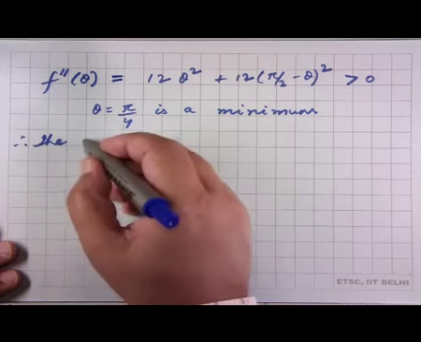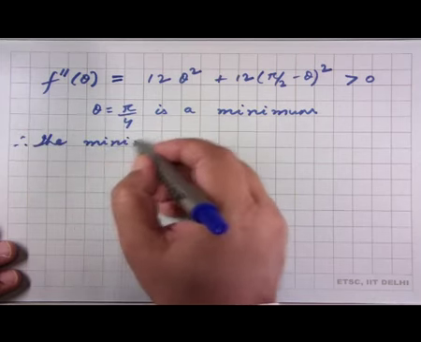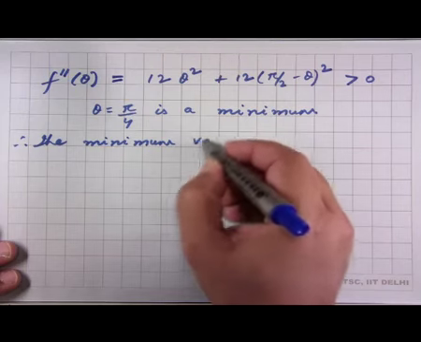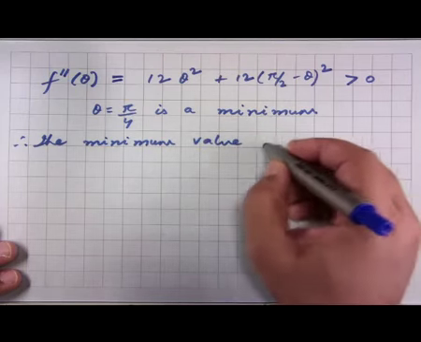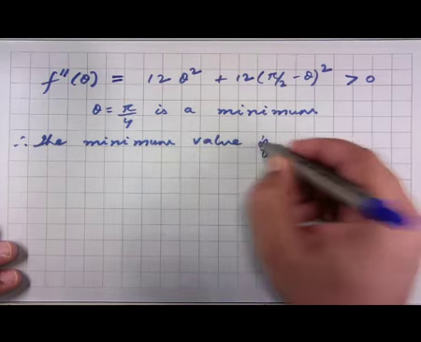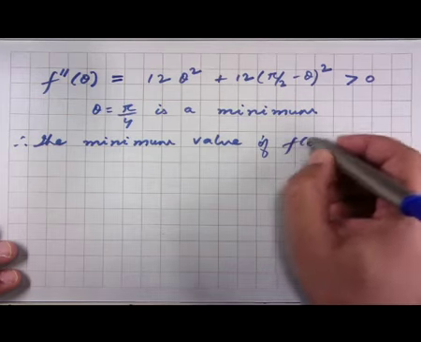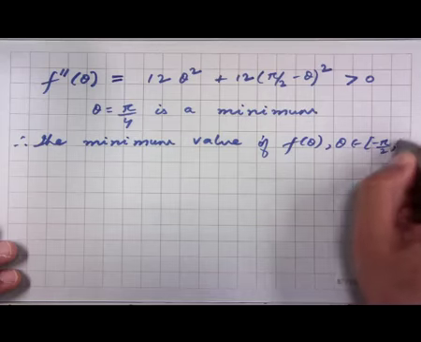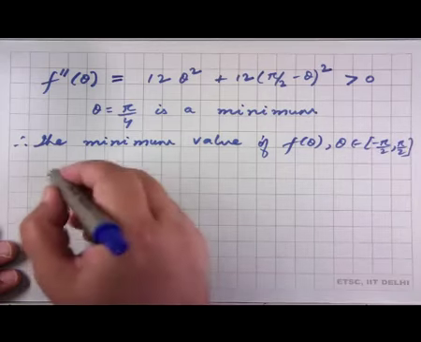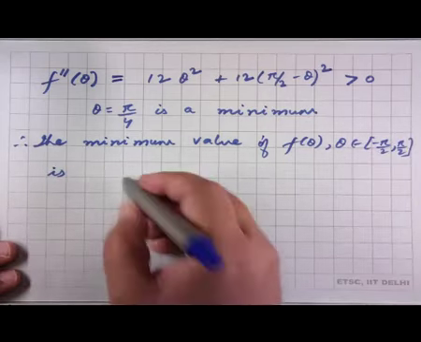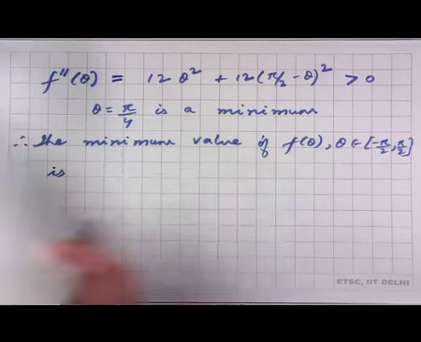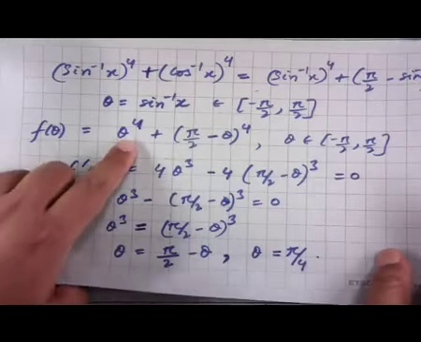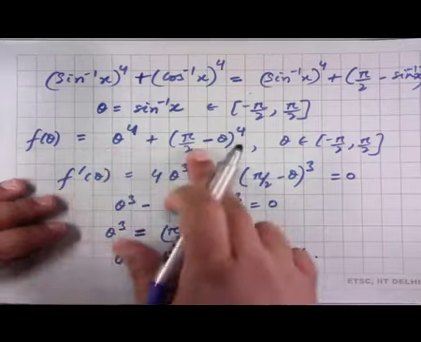So we are certainly sure that the minimum value of f theta for theta belonging to minus pi by 2 to plus pi by 2 is, if you remember what f theta was, essentially both terms are equal at theta equal to pi by 4.